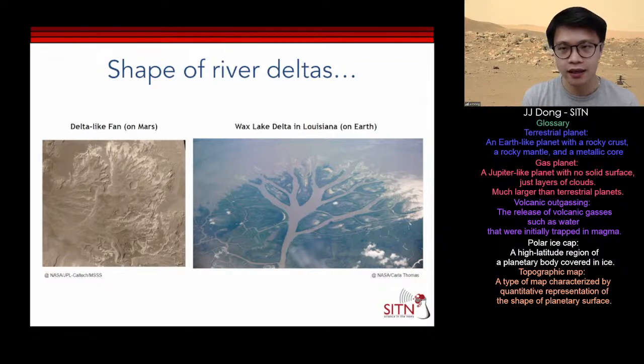Just look at their shapes, they look really similar, almost identical. Those lake deltas are of particular interest to planetary scientists because the sediments and rocks in those lake environments could hold traces of ancient life on Mars if there had been any in the past. Next slide, please.